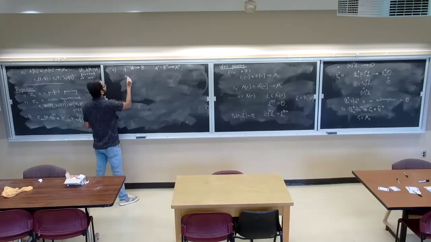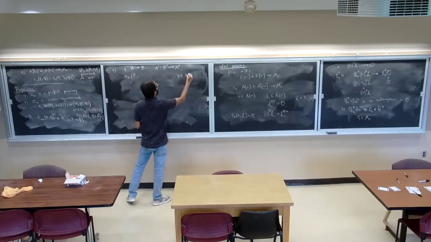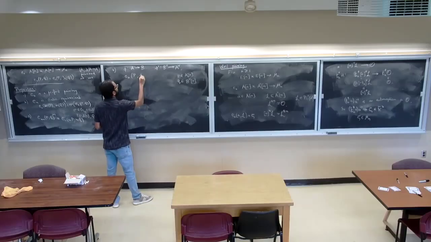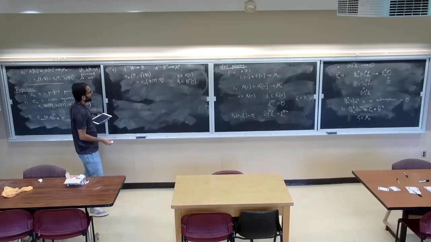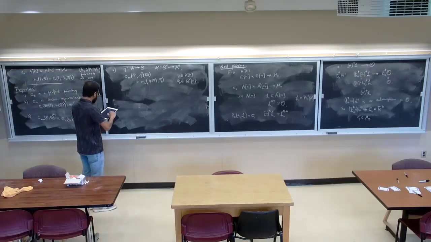And if you give yourself a point in the n-torsion of A and the n-torsion of B dual, this is equal to n P of B. Okay. So it behaves well with isogenies.